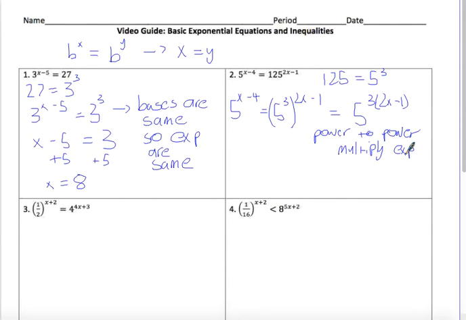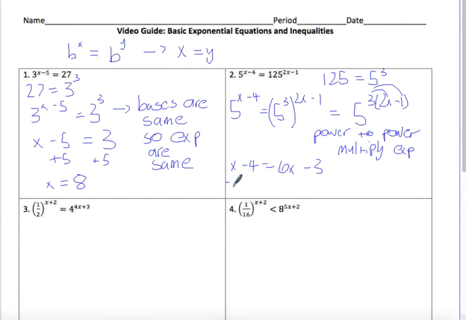And now the bases are the same, so we can set the exponents equal. So x minus 4 equals, and I'm going to go ahead and distribute here, so that's 6x minus 3. And from here, it's a basic linear equation again.